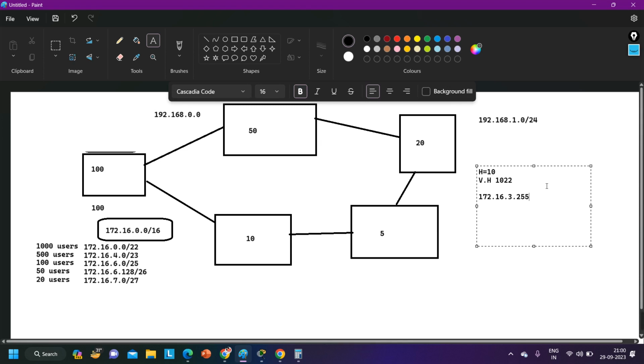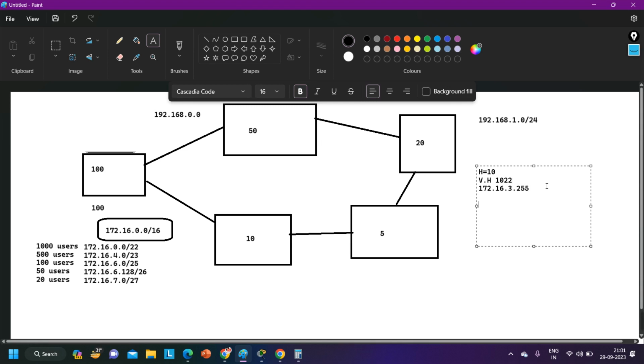Is it correct? Because Raja told me that the next network is starting from 172.16.4.0. It's correct. This is the last IP address.